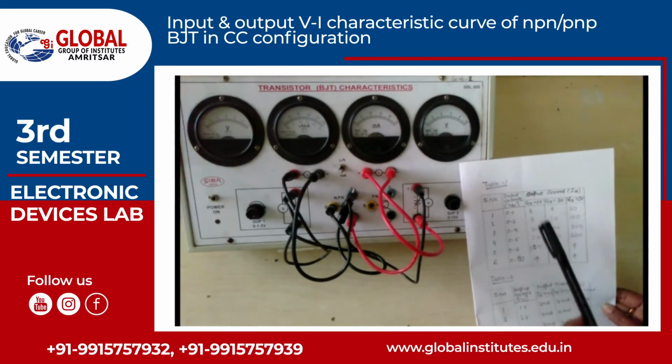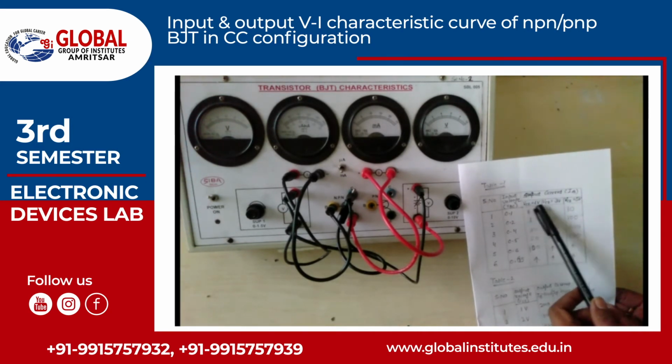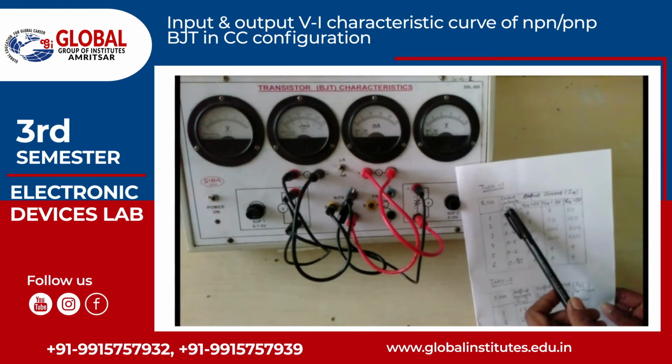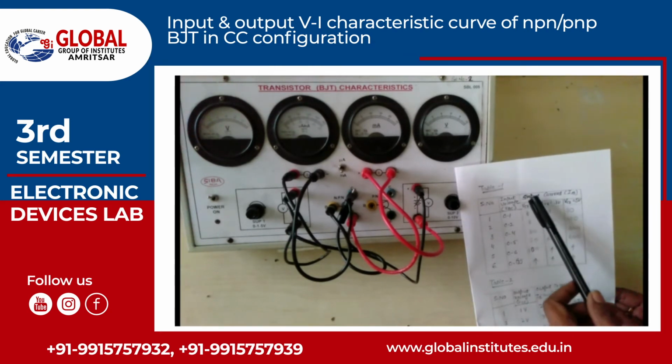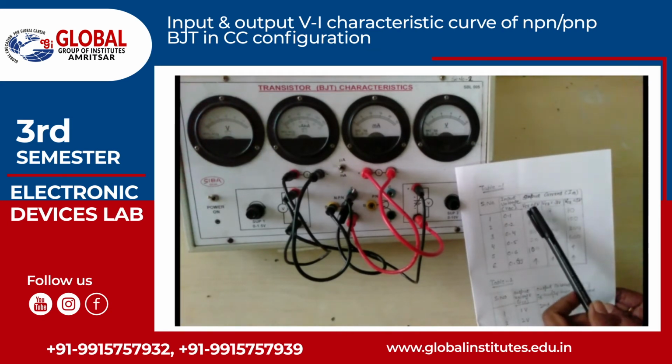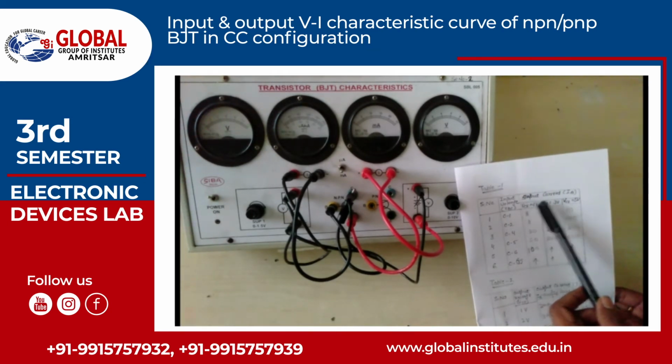According to this table, we will keep VCE, that is the output voltage, at a constant level. Next, vary the input voltage, that is VBC, and record the input current IB. VCE is set at 1 volt, 3 volt and 5 volt. According to that, change the value of VBC.